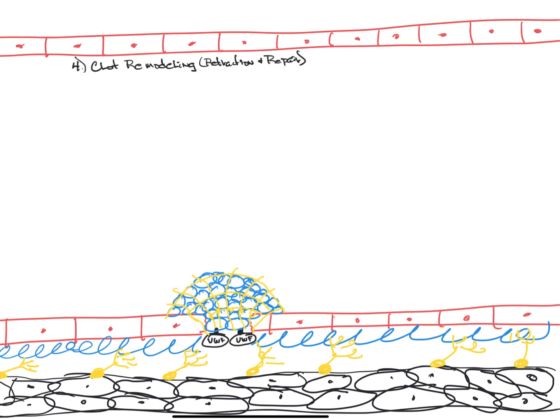Okay, step number 4 is clot remodeling, which is also referred to as retraction and repair. In clot remodeling, there are 3 processes that take place, and we need to understand these because there's some chemical involvement as well. The first thing that happens is that the platelets sitting here together tend to contract or pull in.